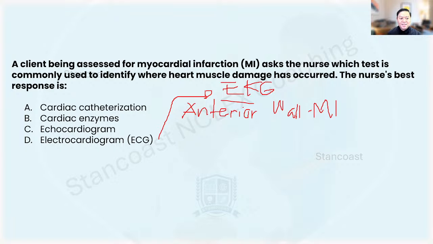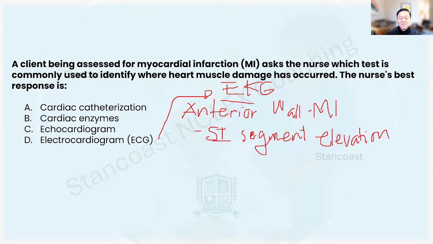It can lead to that anterior wall MI. So what will the EKG or the ECG reveal? The waveform will show ST segment elevation, or what we call STEMI, okay?